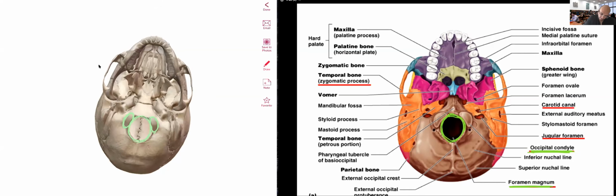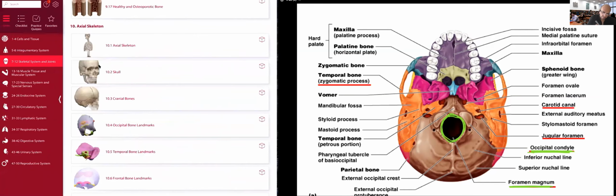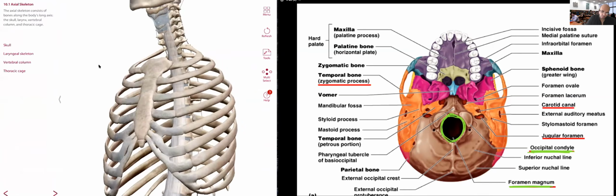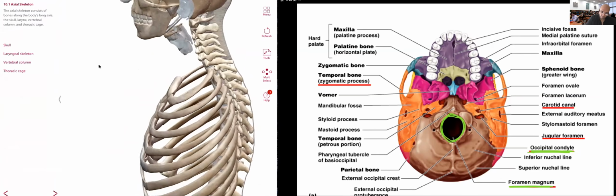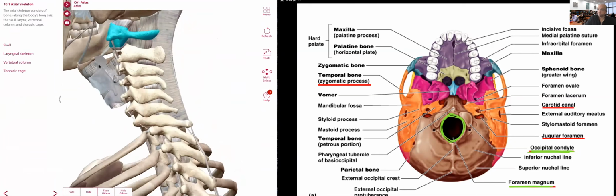Occipital condyles, those are the articular surfaces that will allow the articulation between your head and your very first cervical vertebra on here, C1.